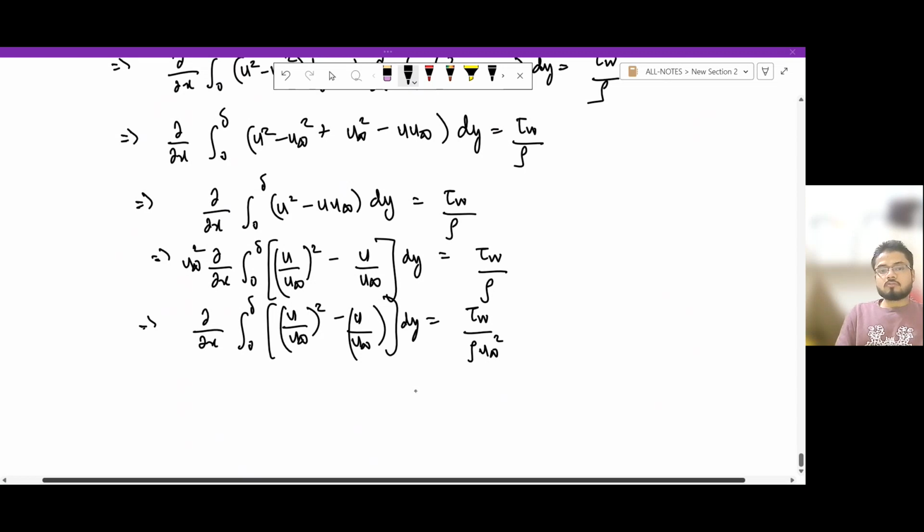We already know that in this equation, whatever y terms you have, all of them would be replaced by delta, and delta is a pure function of x.